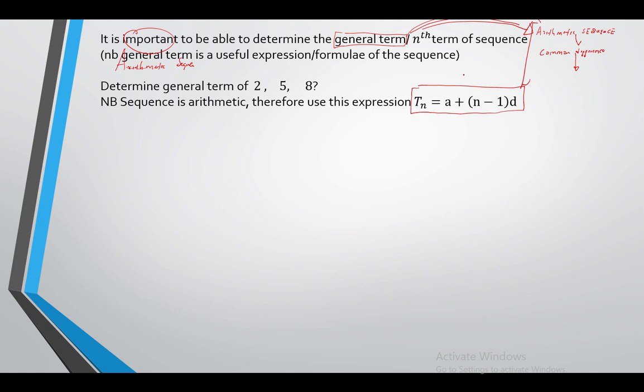I'm saying it again: Tn equals a plus (n minus 1) d. Use this formula to find the general term of the arithmetic sequence.